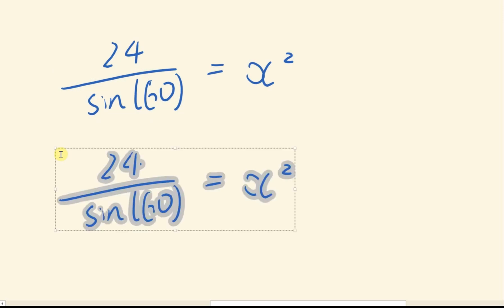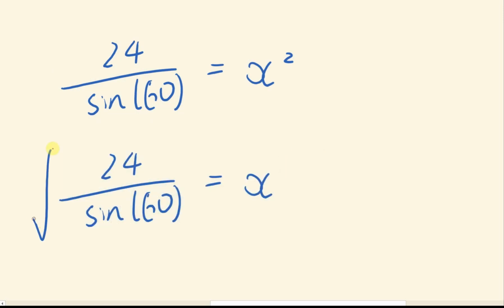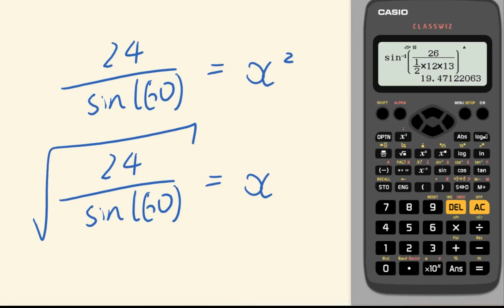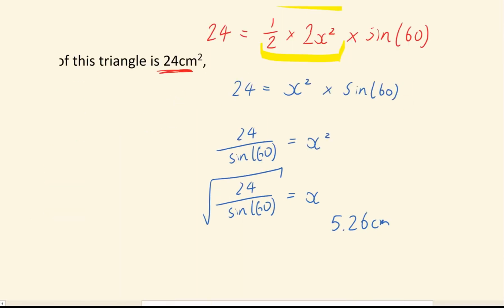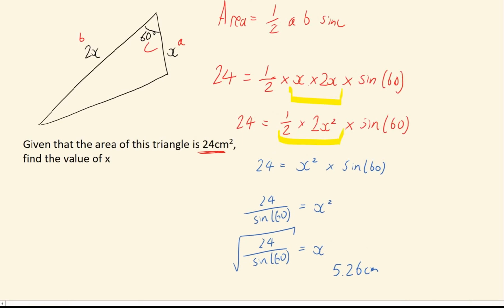And the opposite of squaring is going to be square rooting. I'm going to type that into my calculator. So square root, and then plug that fraction in. That gives me x, which to three significant figures is 5.26. Okay, so again, the steps didn't really change. The only difference here was we had x appearing twice in the question.